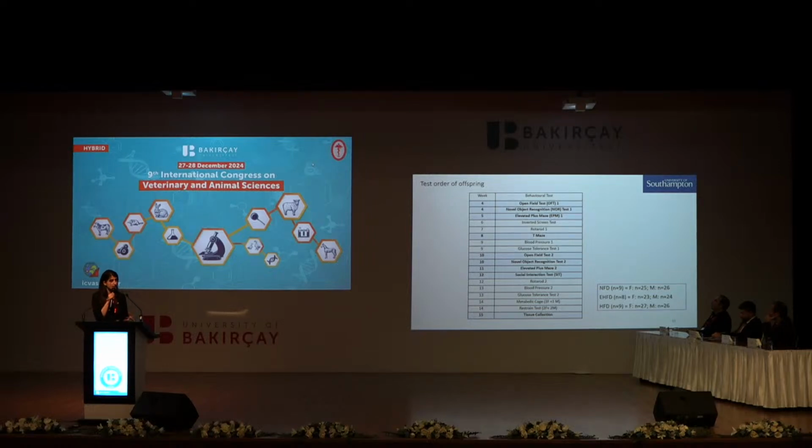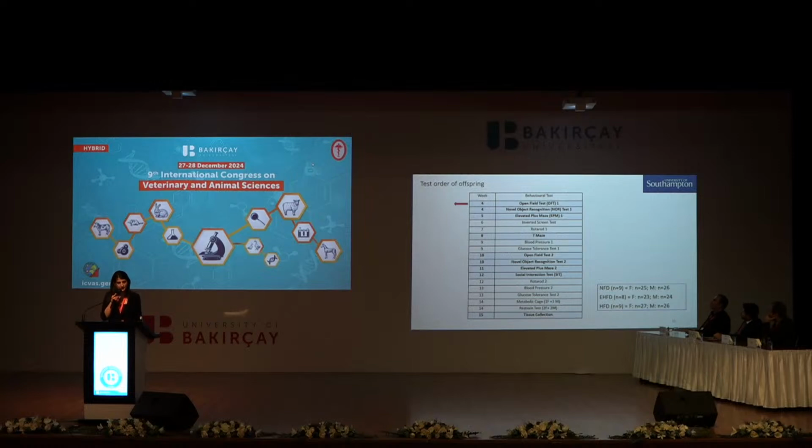So we decided to test the offspring starting at week 4 until week 15. My colleague Irene and I were working on the same animal model, and we started testing the offspring. Can you see the blue lines? I highlighted them, made by me; the rest, she was responsible for. So I'll explain each test individually, and I'll give you the results later on.